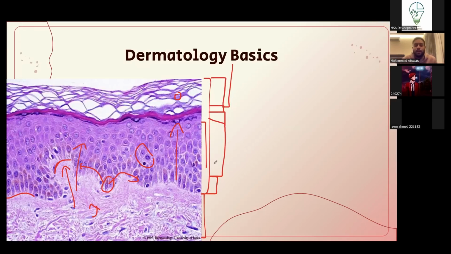Good. Now, what if you have dead keratinocytes here in the stratum spinosum? What do we call this? This is what we call not Savat bodies.